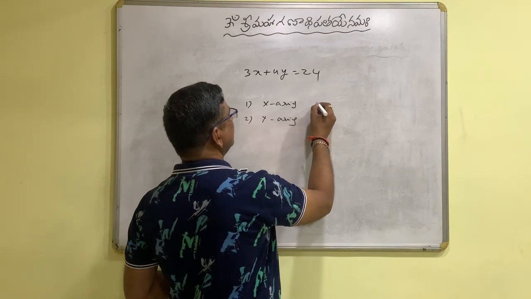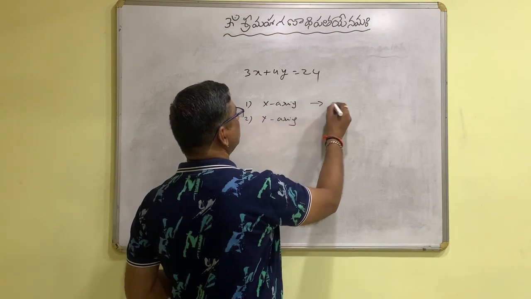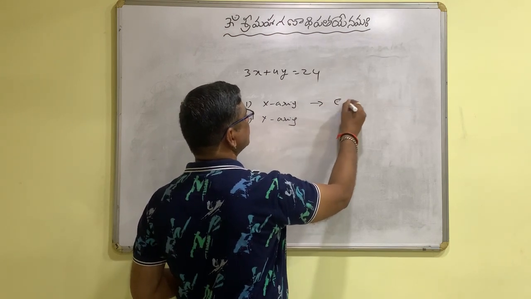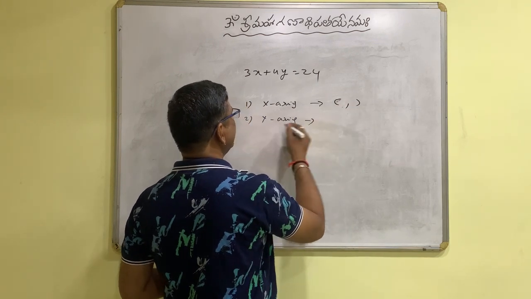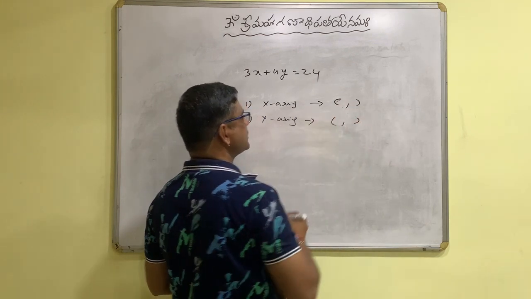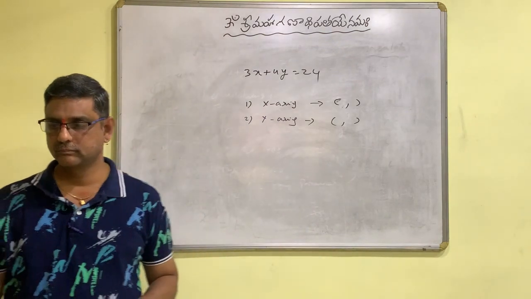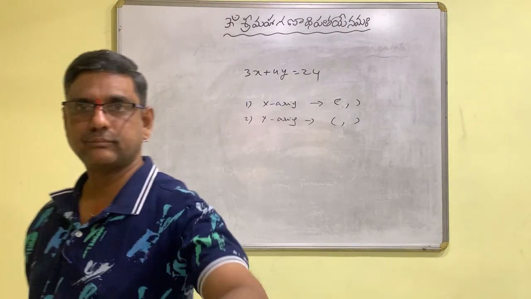If it is intersecting the x-axis, at what point? You need to say the point. If it is intersecting the y-axis also, you need to say the point. Understand, children?